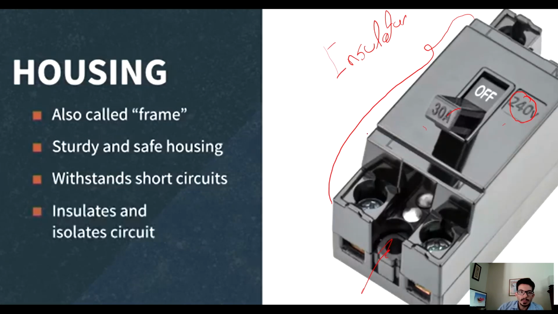It is designed to withstand short circuits, so it's an element used for safety and precaution, and it can insulate and isolate circuits. Once you're drawing more current than the design current, this breaker will shut off and isolate the circuit for protection purposes.